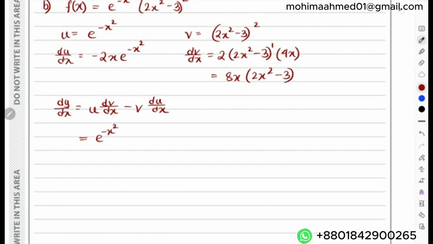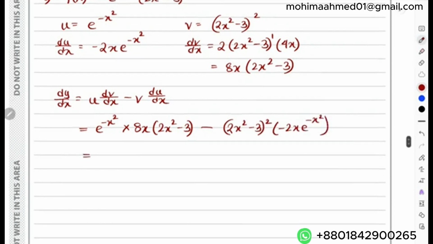And then for dv by dx, you get 8x times 2x square minus 3, with a minus sign. V is 2x square minus 3 whole square. And then du by dx is going to be minus 2x e power minus x square.